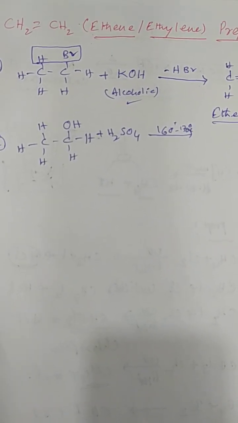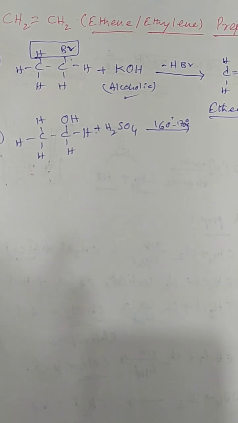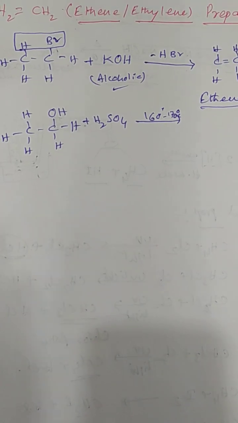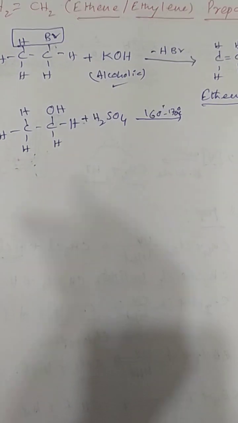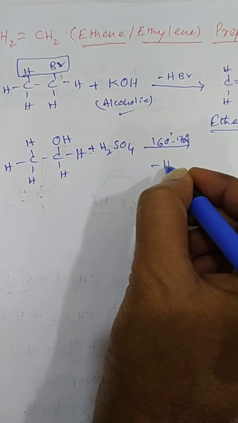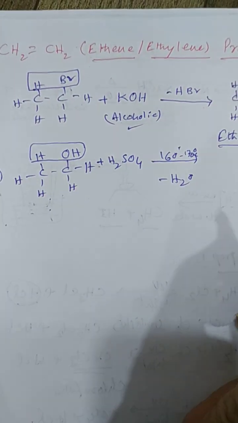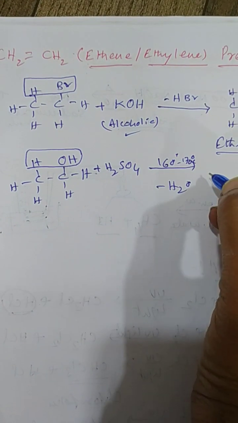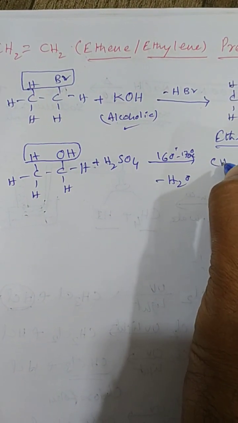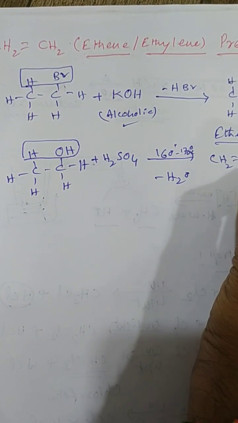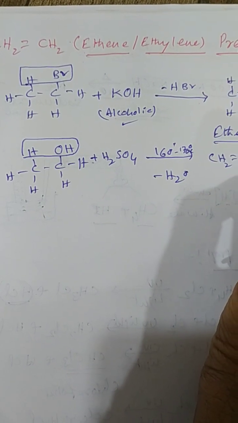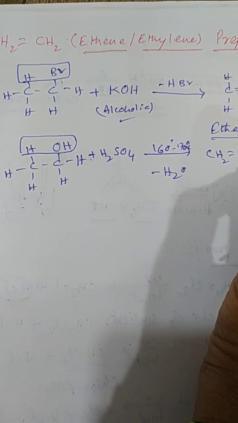If you heat this compound, H2SO4 itself being a concentrated acid, up to 160 to 170 degrees, it is very violent. It eliminates the water molecule like this from here and will give a CH2 double bond CH2 compound, that is called ethene.